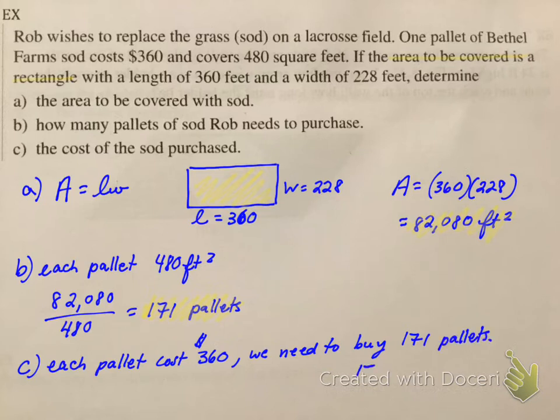I'm going to multiply 171 times 360, or you can do 360 times 171. When we do that, I get $61,560. So it's going to cost $61,560 to resod that lacrosse field. Okay, so we got that one done. Let's look at the next one.